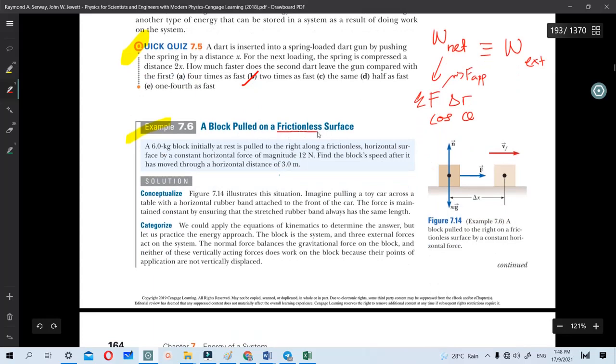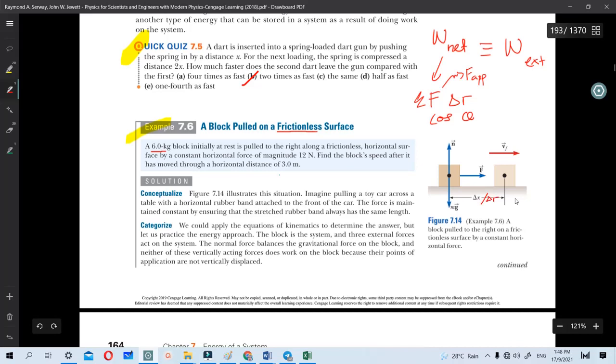It does say that it's frictionless, and the block involved has a mass of 6 kilograms, pulled to the right as in the figure, on a horizontal surface. So this is the displacement, which maps to what we learned here: delta x, and this is delta r as well.